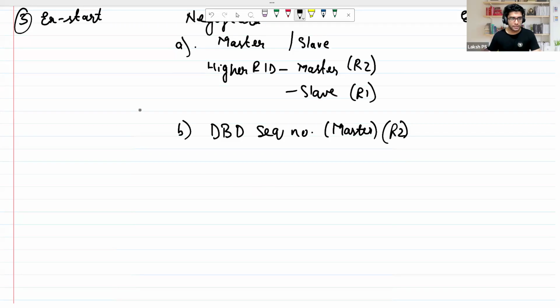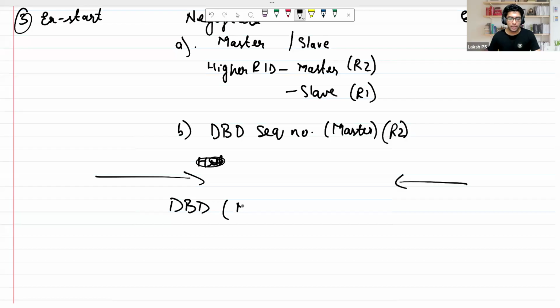So when they are in the exchange state, they will send this DBD, database descriptor, where they will call themselves master, MS. This bit is called the MS bit. If we open the DBD in OSPF, we will see this as MS, calling themselves master. I am the master, and I will initiate the exchange of DBDs.